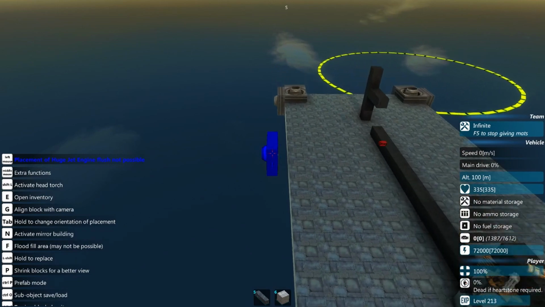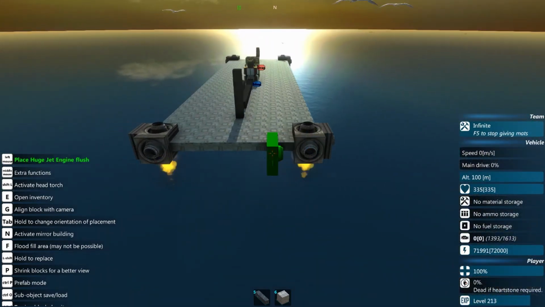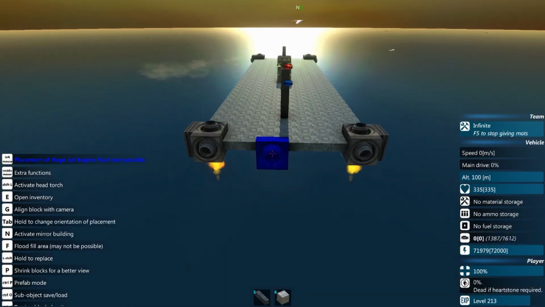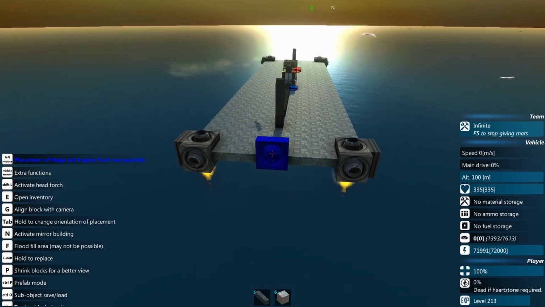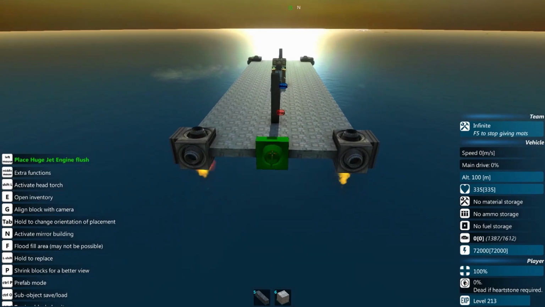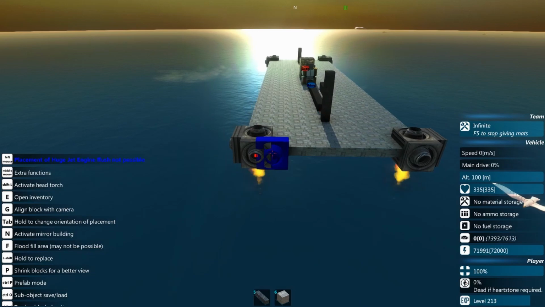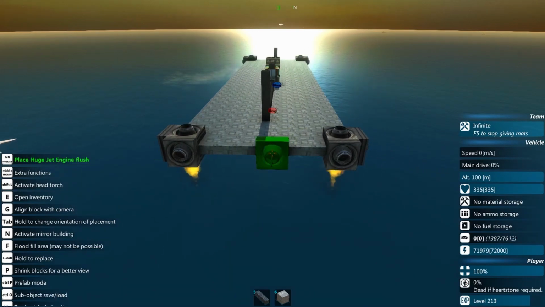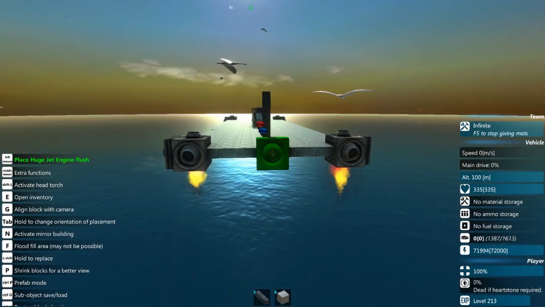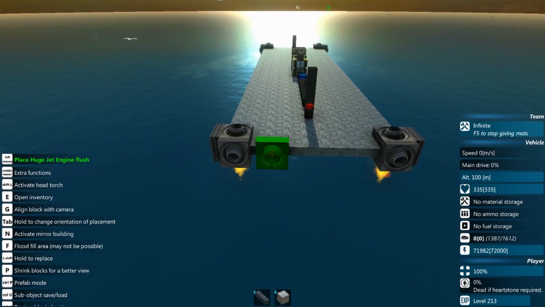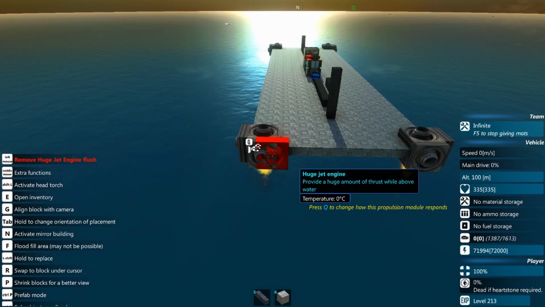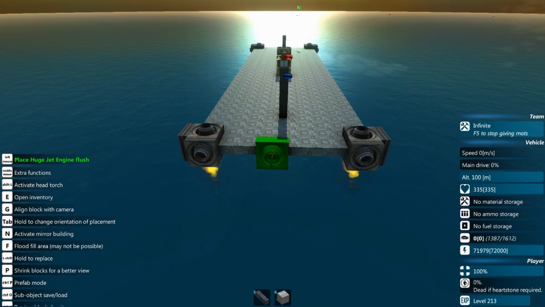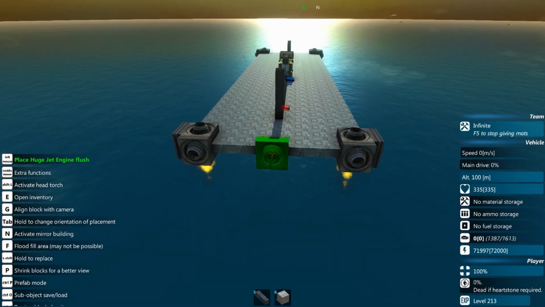So what are the important things to do when dealing with control authority? Well, corners of the vehicles and edges of the vehicles are very important for gaining control authority. The further away from in line with the center of mass a thruster is, the more control authority it's going to generate for a given axis.